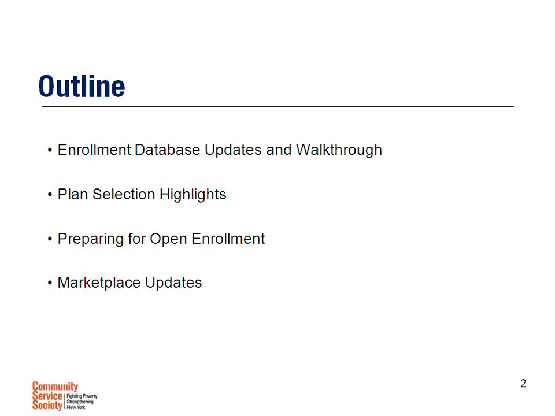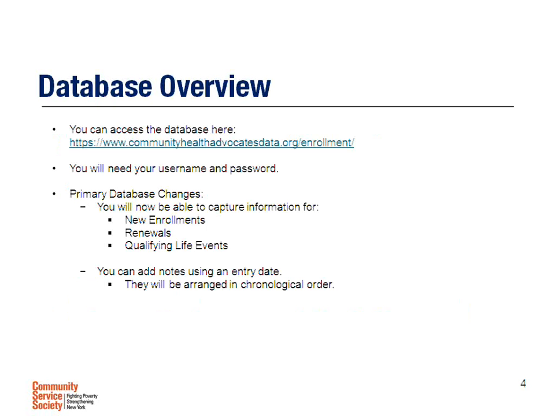Then we're going to go over some plan selection highlights, and similar to previous months, I am not going to go over the state's actual PowerPoint presentation because it's available for you to see. I'm just going to point out some things that, as I watched that training, I wanted to make sure we were clear on. And then some quick tips on preparing for open enrollment, and then we're going to go over marketplace updates.